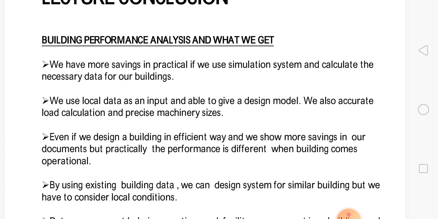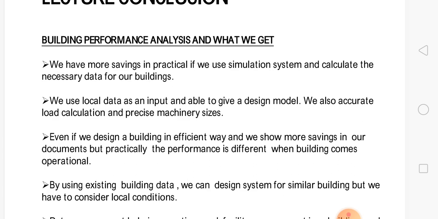So we can save our money and our resources by a particular simulation system and the necessary data for our building. We use local data as an input and are able to give a design model. We also get accurate load calculations and precise machinery size.